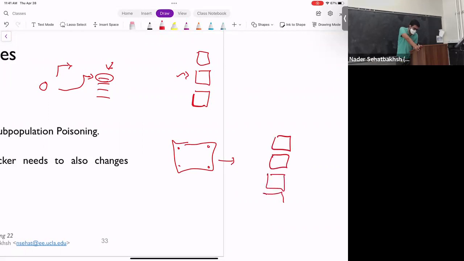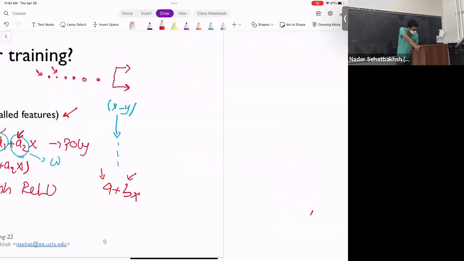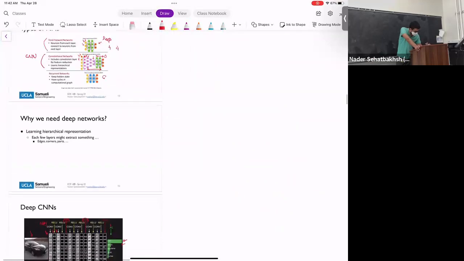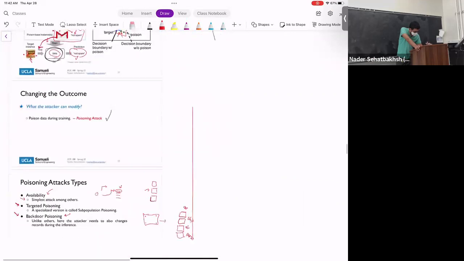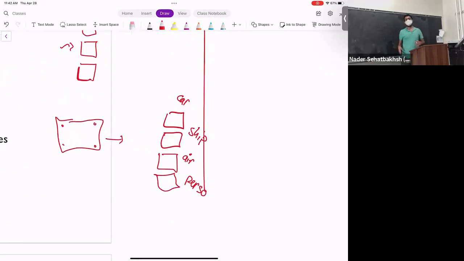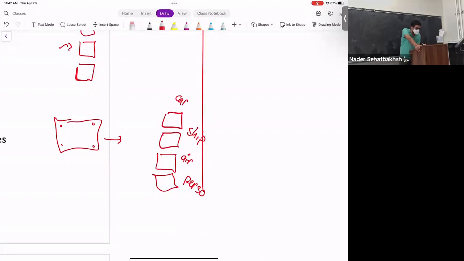So again, let's say you have 4 different classes like car, ship, airplane, and person. In the normal way, you always make a decision and move forward. But whenever you add this backdoor, let's say it's just a small dot in the corner of the image, we want the system to think that this is a car.